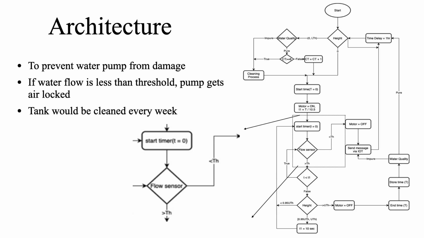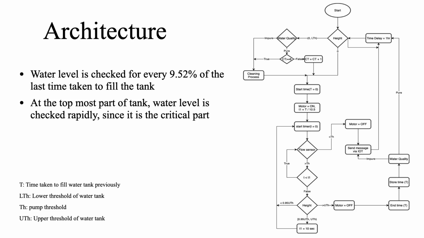Here, as you can observe, initially we kept CT greater than or equal to 6. Here 6 means that we wanted to clean the tank every week, but this variable can be changed accordingly. After the water is checked and the water tank is cleaned, we initiate a stopwatch.